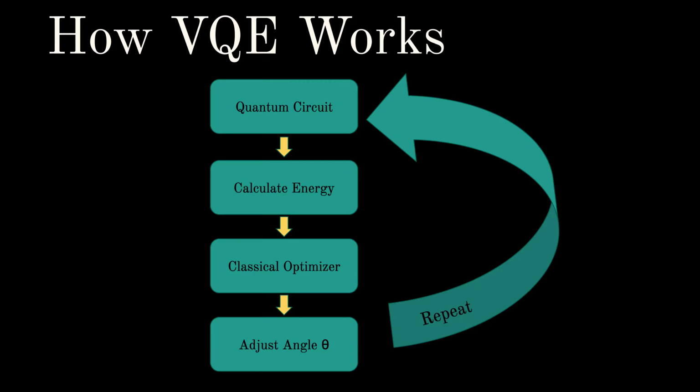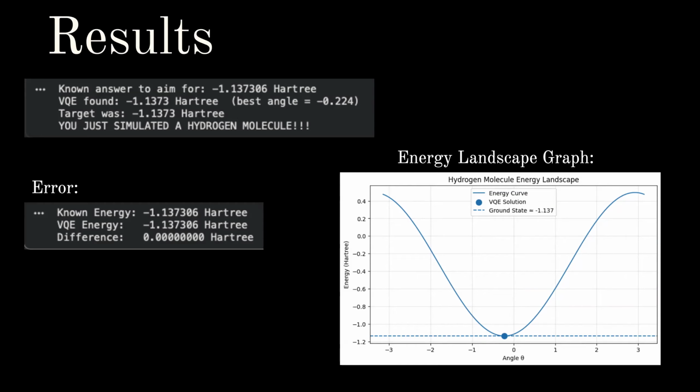Okay, so these were the results. After running the algorithm multiple times, we got a result extremely close to the known value of negative 1.137 Hartree. What does this mean? Basically, the algorithm successfully found the most stable configuration of the hydrogen molecule, which is the ground state.